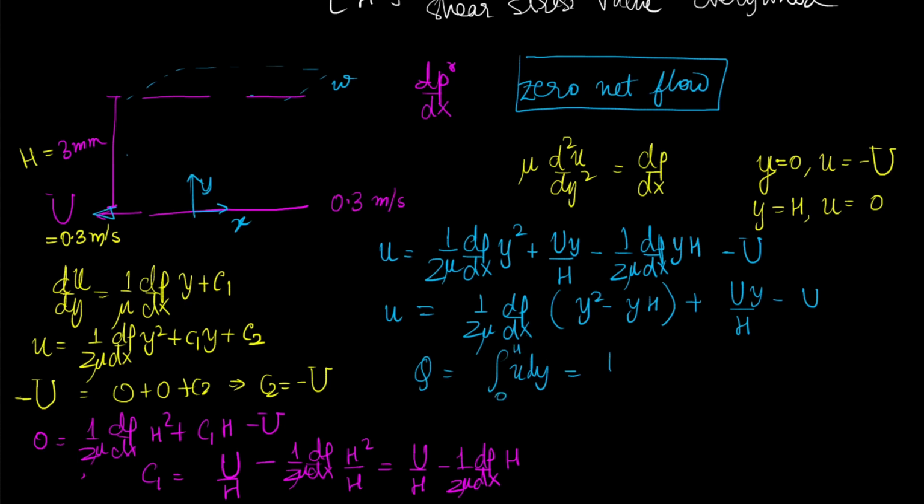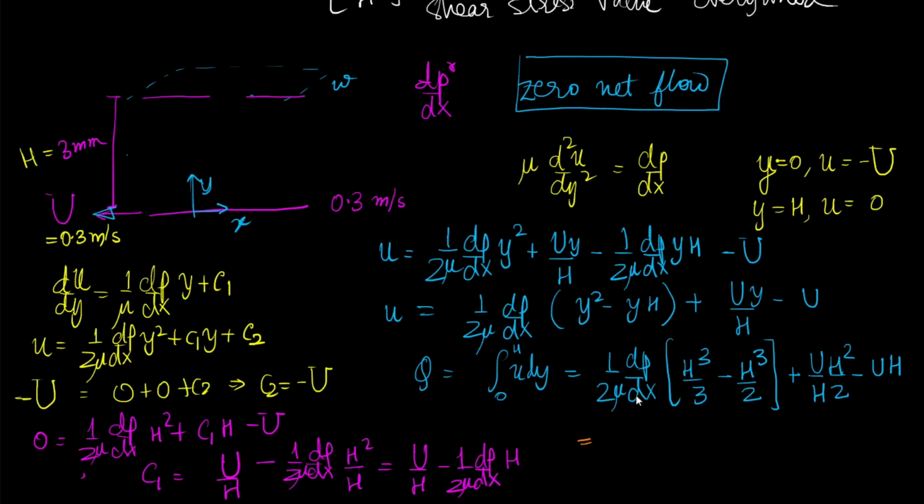So what do we have? It's 1 by 2 mu dp dx. So this will be y cube by 3 going from 0 to h, so this will be h cube by 3. This will be y square by 2 times h, so this will be minus h cube by 2. Plus U upon h times y square by 2, so this will be h.